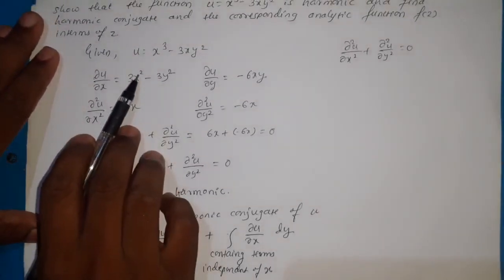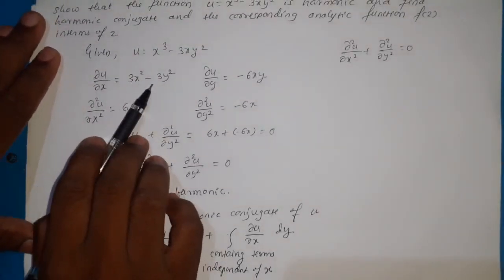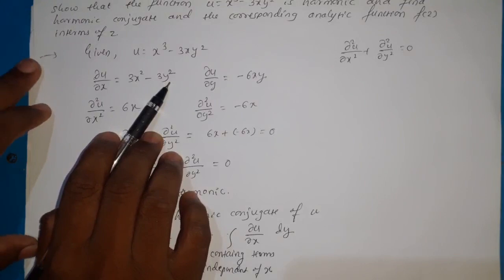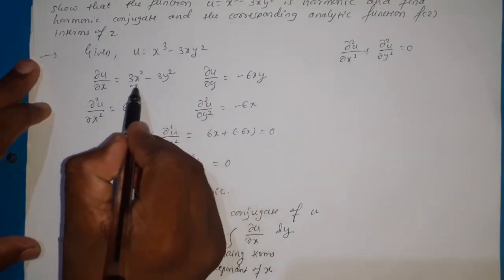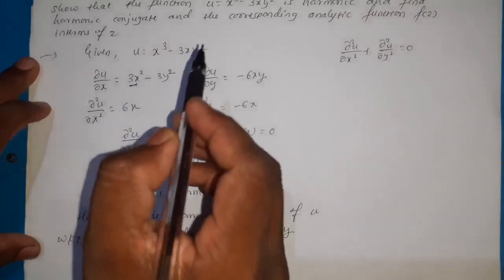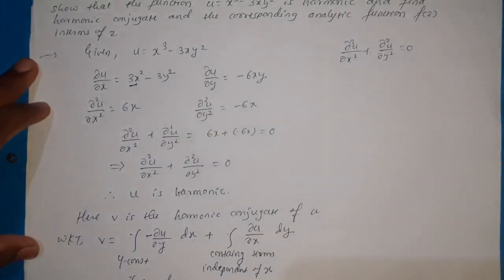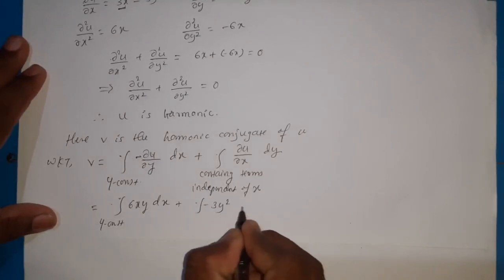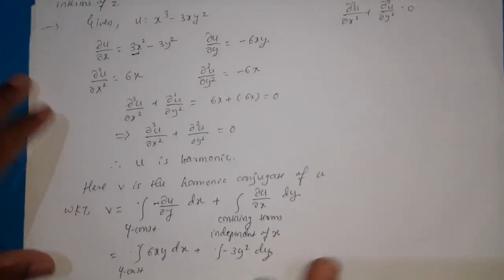So this is ∂u/∂x, that is 3x square minus 3y square, and here we need to find the terms which are independent of x. So 3x square is multiplied by x, means it is not independent of x. So only minus 3y square is independent of x. So therefore minus 3y square dy.